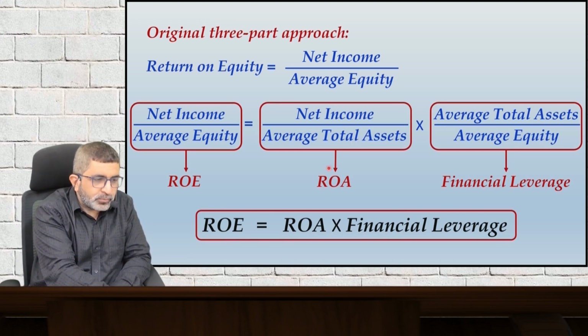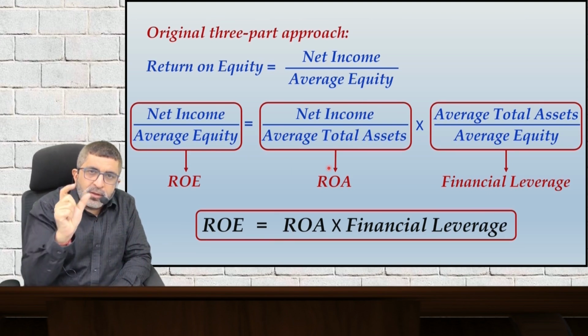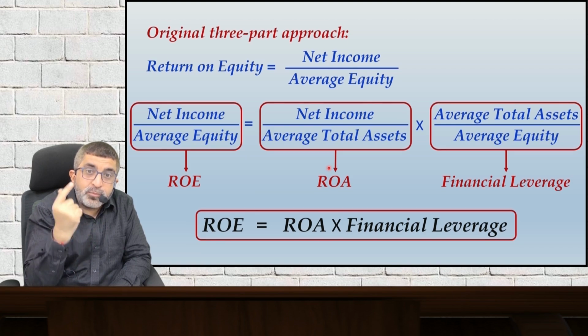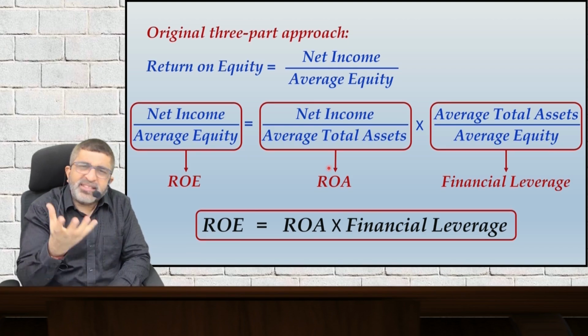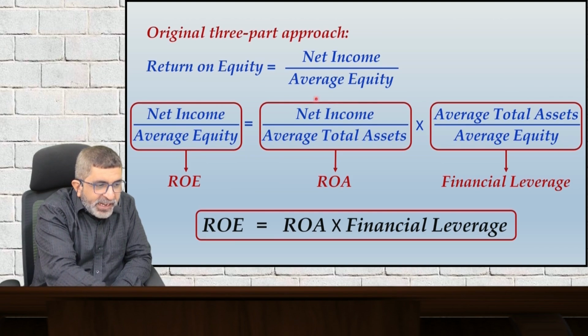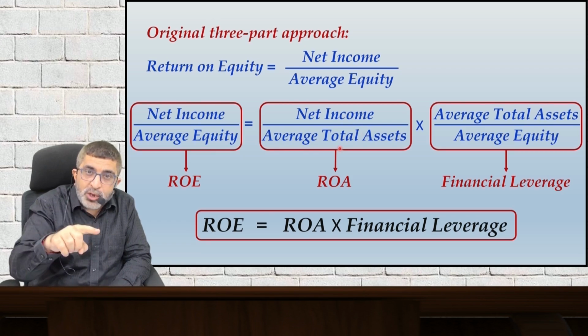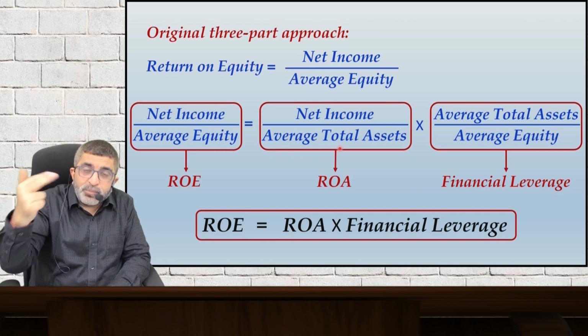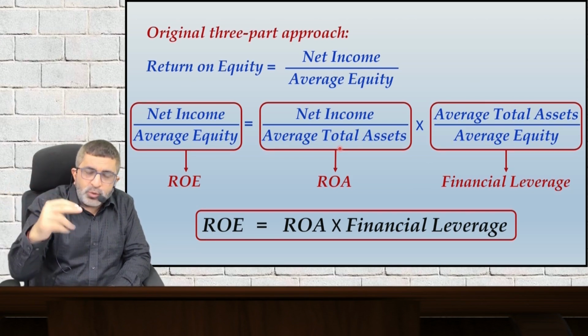How? We use the intermediary value as revenue, that is the sales. So if I divide net income not by average total assets, but by the revenue, it will be net income, that is net profit after tax, divided by revenue, that is your sales.